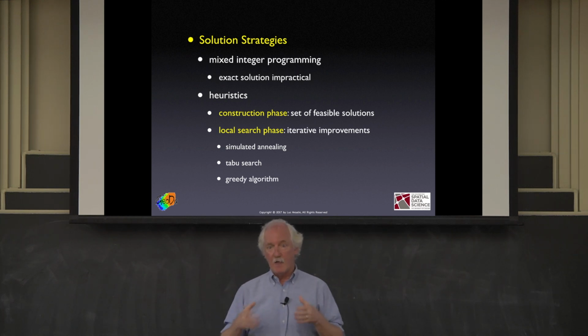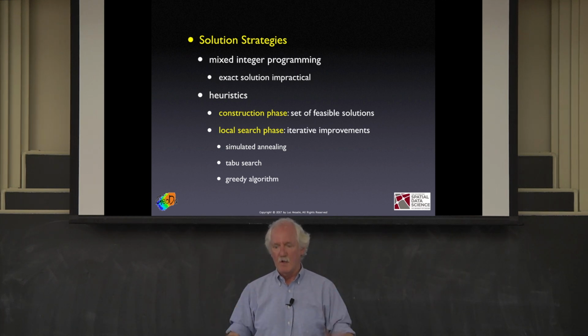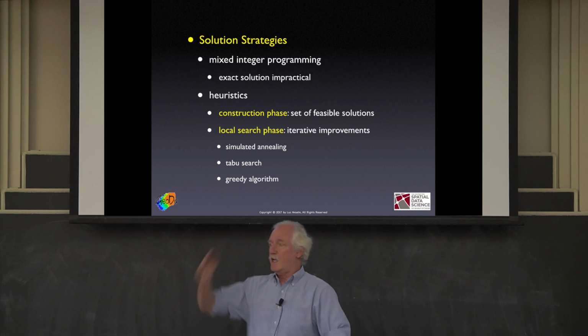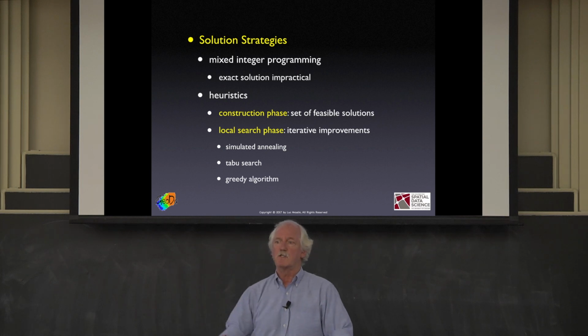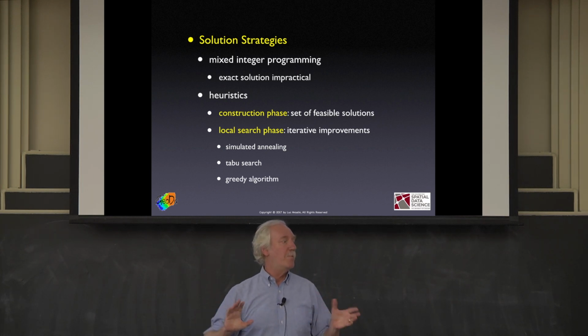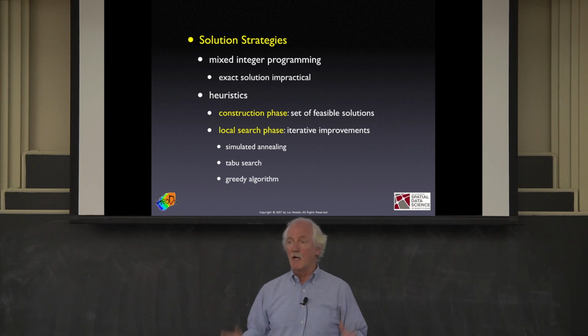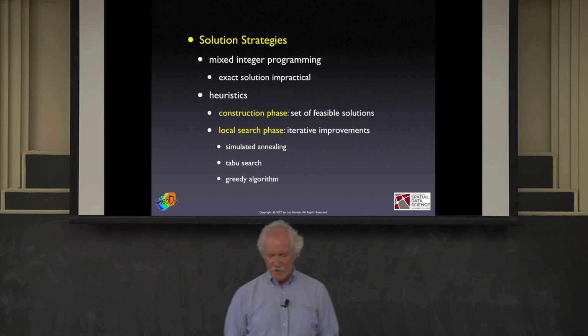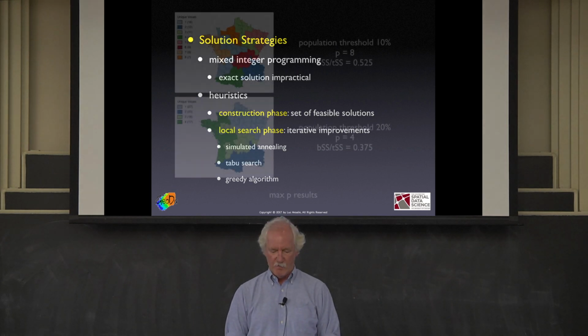How you do that mathematically is kind of complicated, but that's the idea. So instead of just steepest descent, climbing up the steepest slope you can find, you actually check out some of the other slopes that might give you an even better solution. And a greedy algorithm is just kind of grabbing and moving. It tends to be very fast, but it doesn't necessarily give you a very good solution.